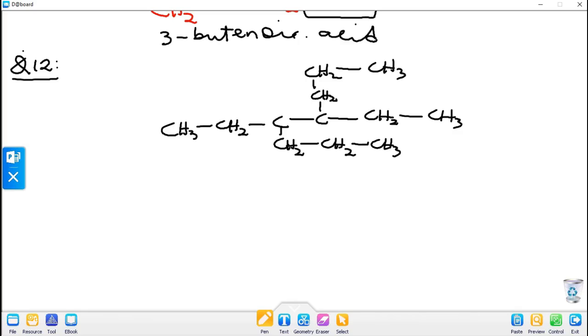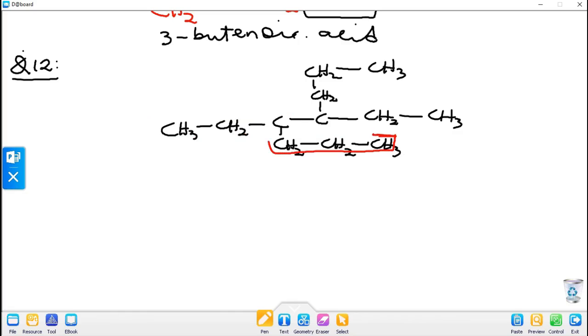Now, another student may choose to go this way, like this, like that. You can see we have 1, 2, 3, 4, 5, 6. So all these are different ways one may choose, but you ought to be very careful in looking at the longest chain.